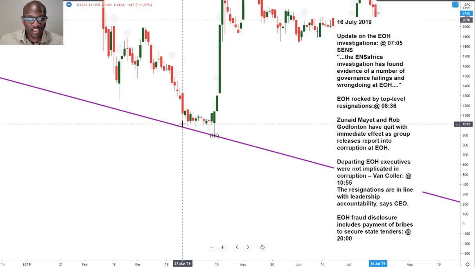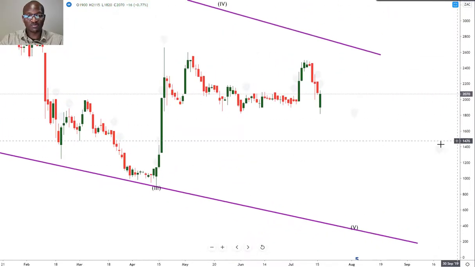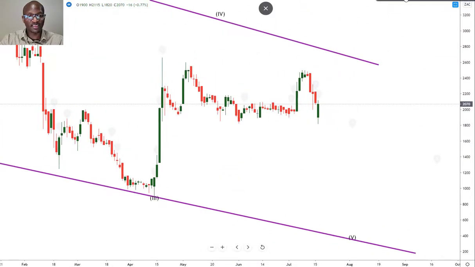This was now Stephen van Coller, the CEO, and emphasizes that the resignations are in line with leadership accountability. And later on in that day, another article, "EOH fraud disclosure includes payment of bribes to secure state tenders." So, again, bad news comes back. And how does the share react to this bad news?